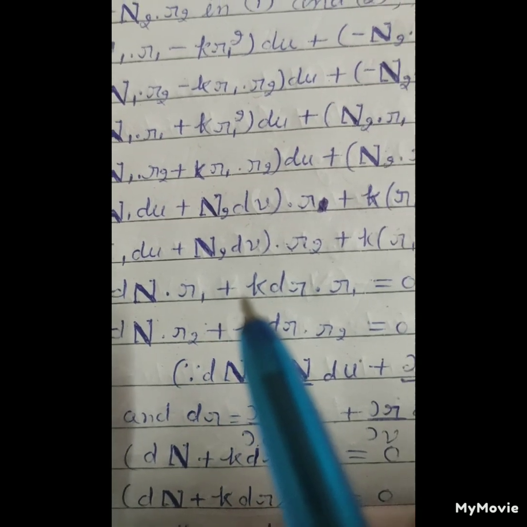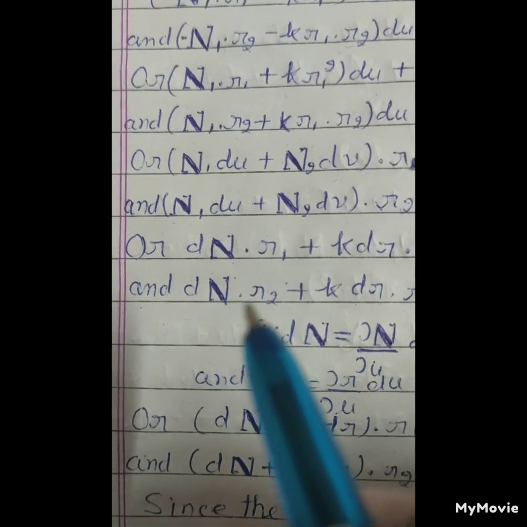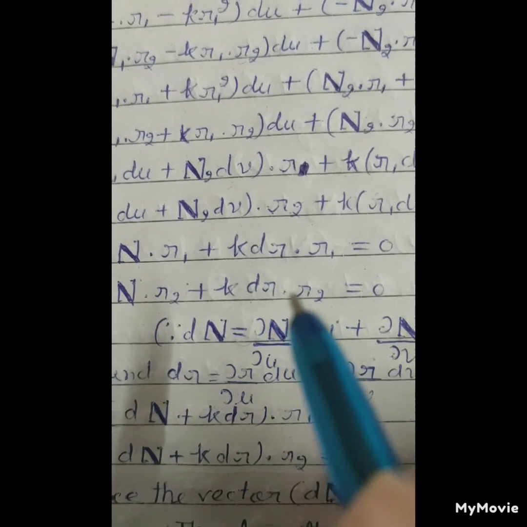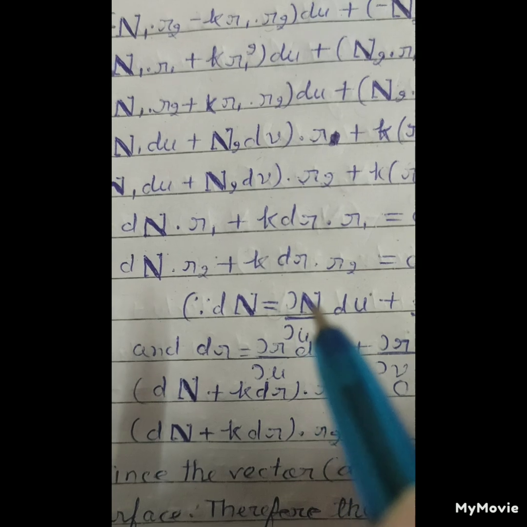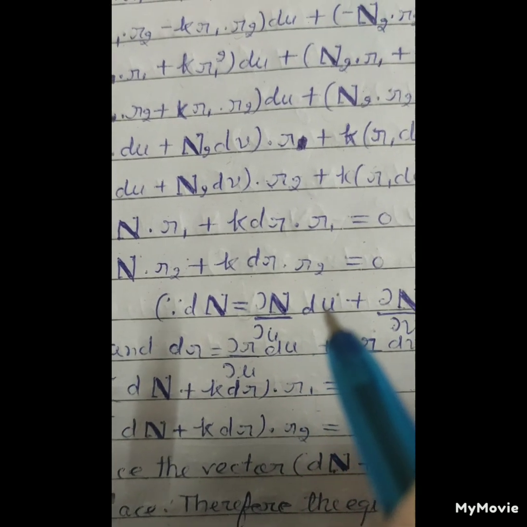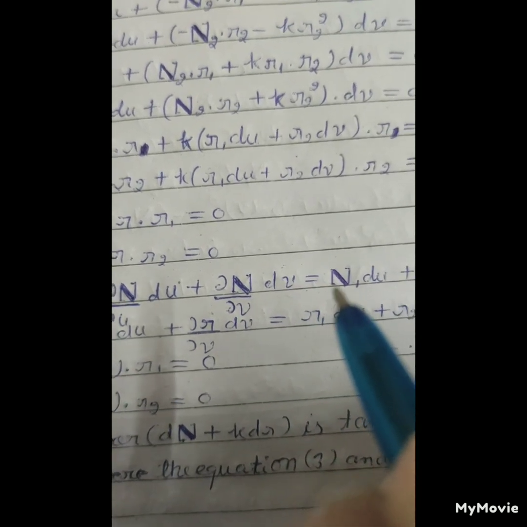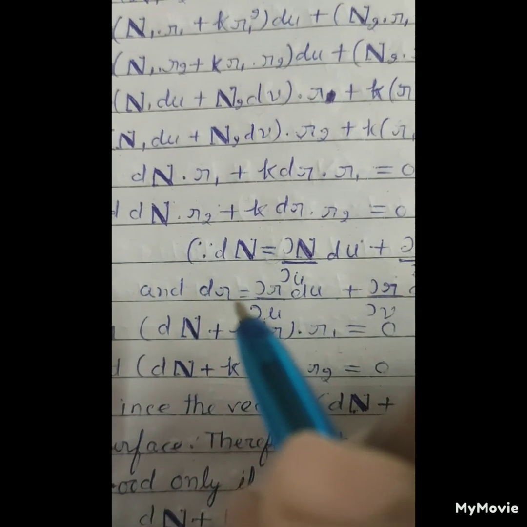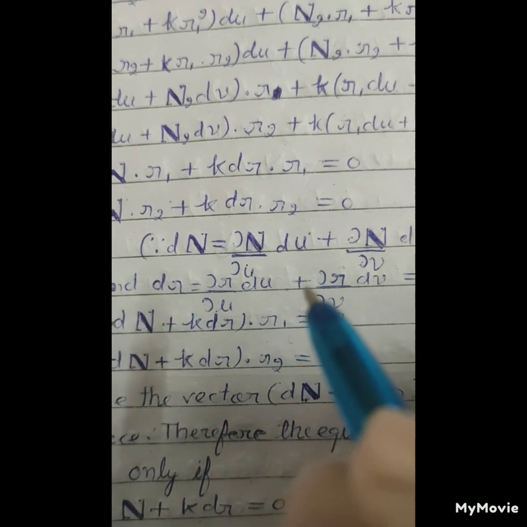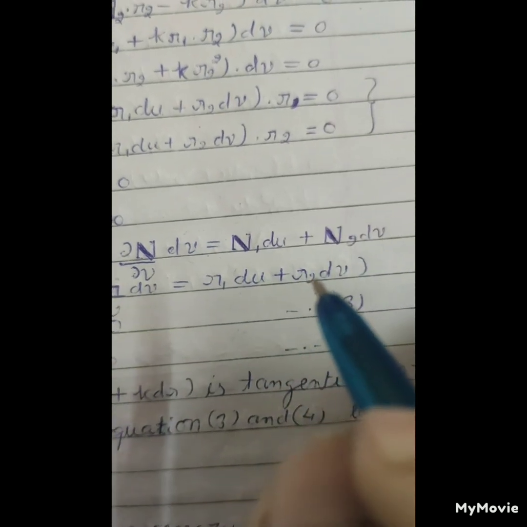dn dot r1 plus K dr dot r1 equals 0, or dn dot r2 plus K dr dot r2 equals 0, because dn equals del n over del u du plus del n over del v dv equals n1 du plus n2 dv, and dr equals del r over del u du plus del r over del v dv equals r1 du plus r2 dv.